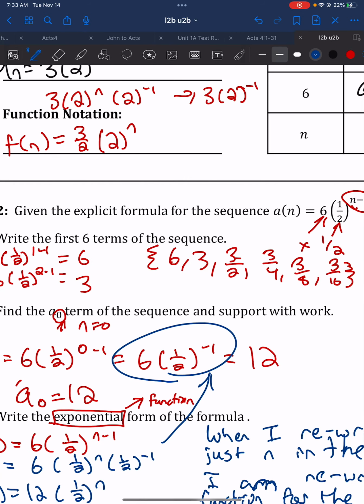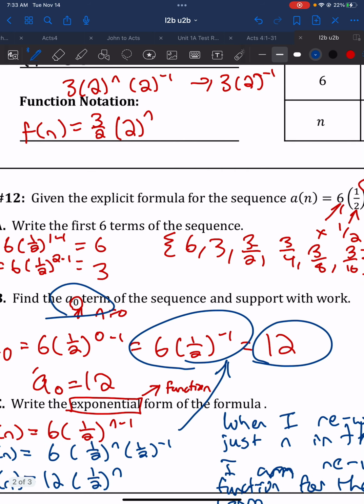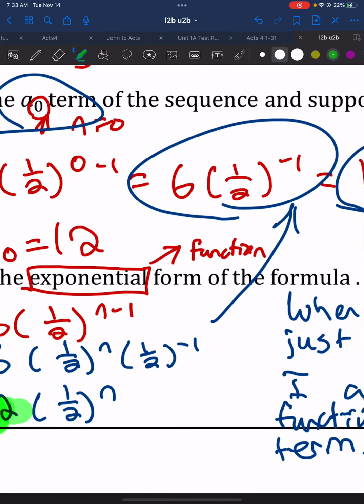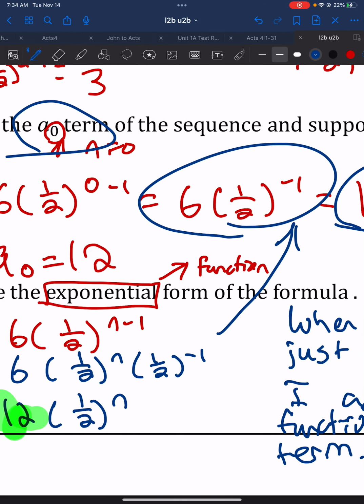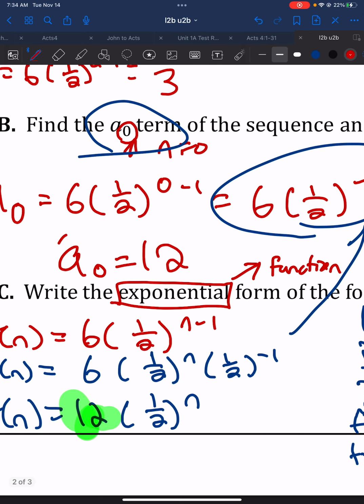Because right here, A0, which it had us find, was 12. And notice what's the term in the front here? 12. So anytime I'm getting rid of the -1 in the exponent, all I'm doing is writing it for the A0 term, which makes sense too. Because if I look at my exponent right here, this is basically saying 12 times 1/2 to the n minus 0, and this would tell me that that is my 0 term.